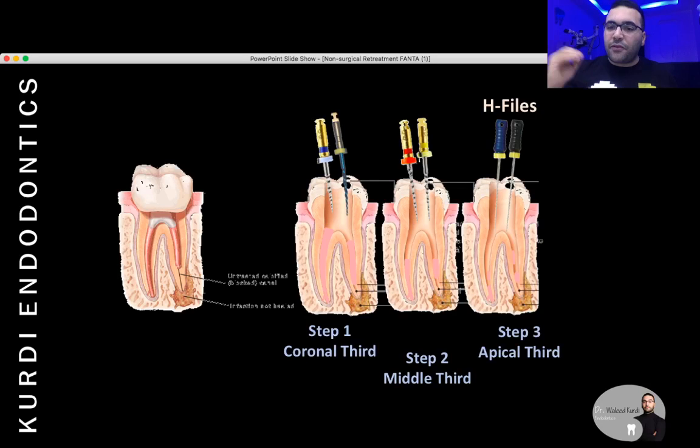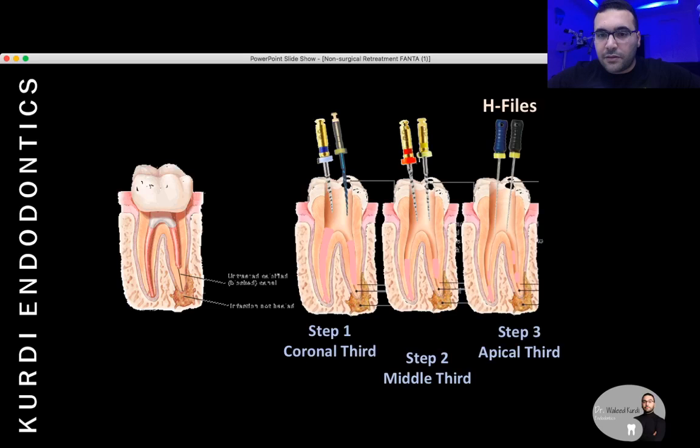But you must know that I only use rotary files in the coronal and the middle third. The coronal third is for the bigger file, and the middle third is for the smaller files.